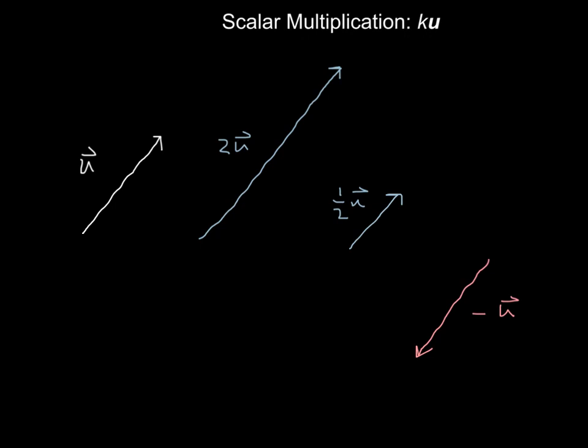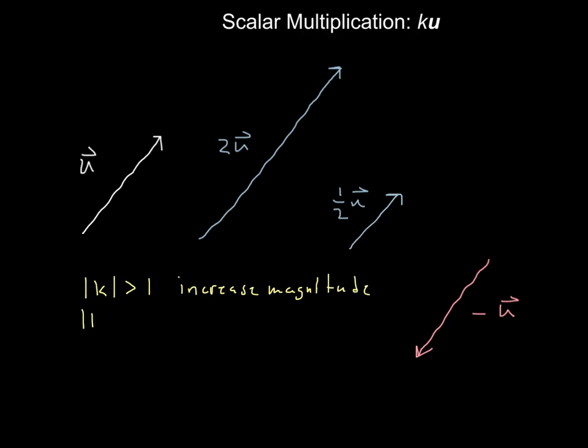Since k can be any real number, things to keep in mind is that if the absolute value of k is greater than 1, then this vector is going to increase in length, the magnitude.